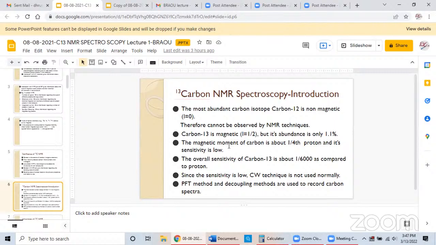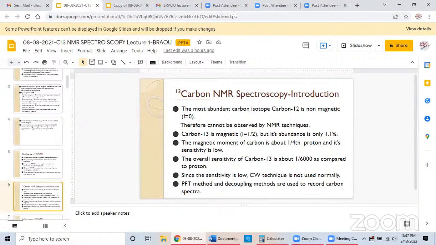It is not 1.1%, it's more. Proton H1 is more abundant, so there is no abundance problem with magnetic protons, whereas here the abundance problem will be there. That is the reason why the overall sensitivity of carbon 13 is about 1/6,000 as compared to proton.